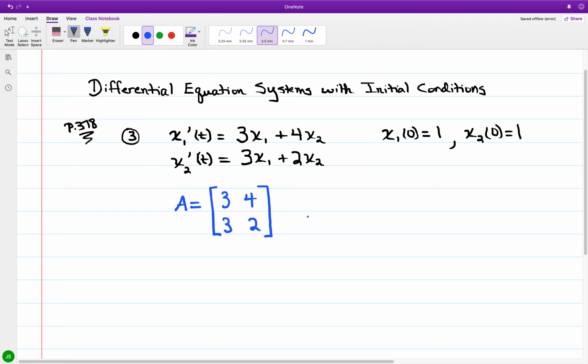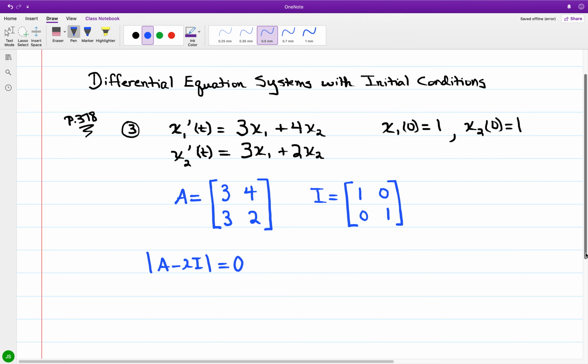And once again, we use the identity matrix. Again, you have 1, 0 and 0, 1. And once again, this creates the pathway to determining the eigenvalues. So we have the determinant of A minus lambda I equal to 0.